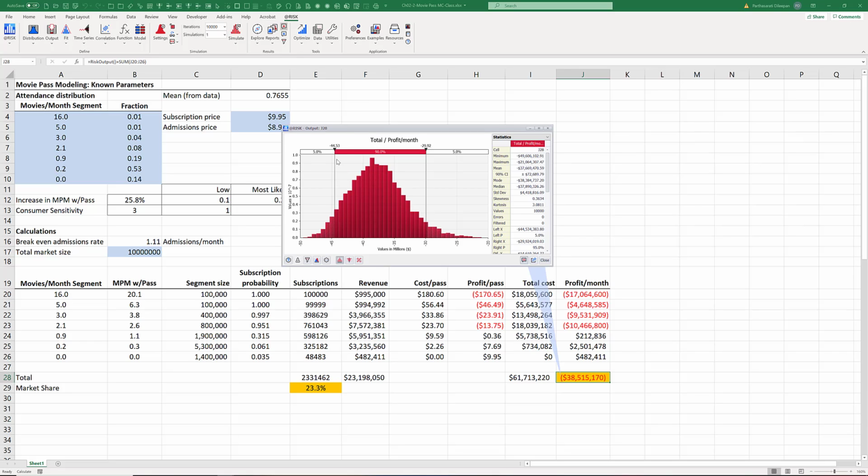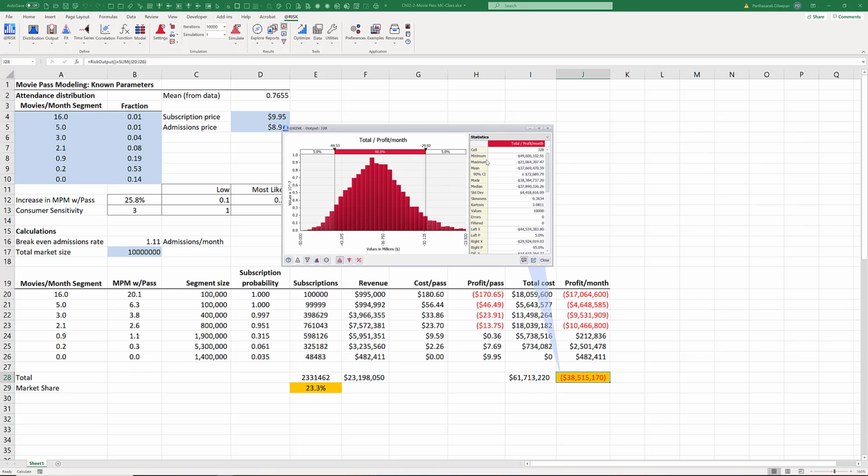For the 10,000 simulations, once again, you can increase or decrease this. You also have information here. Statistics: minimum, maximum, mean, 90%, the sampling error, and other pieces of information.